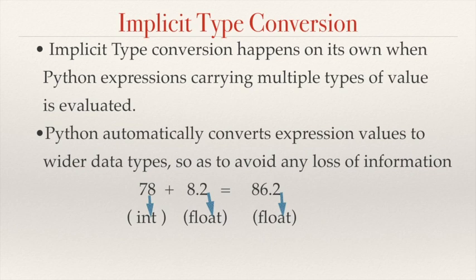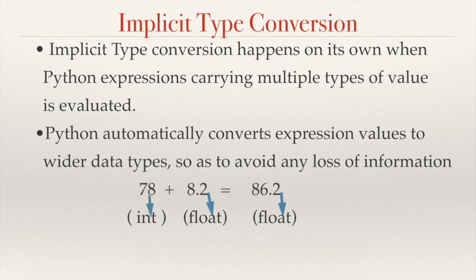For example, as you can see on the screen, an integer value 78 when added to a float value 8.2 produces a float output which is 86.2. The resultant output is of float type and not integer type, so as to prevent the loss of any fractional part present in the sum.